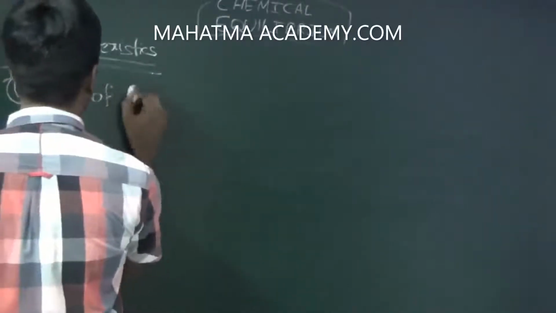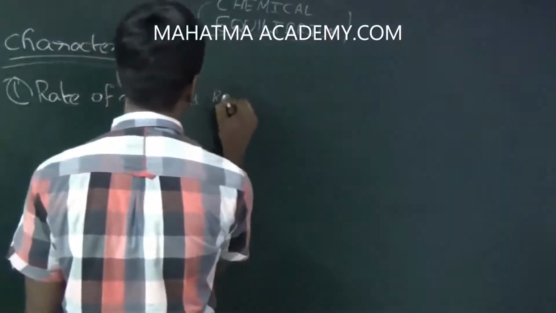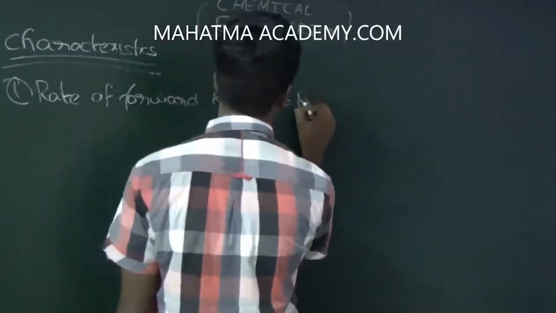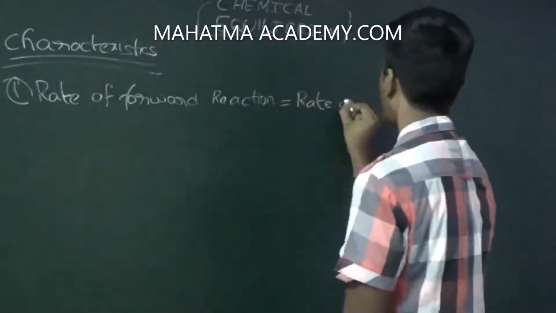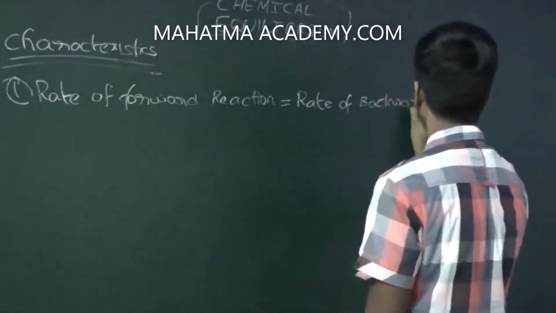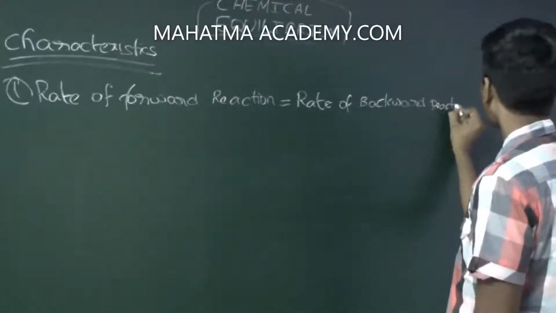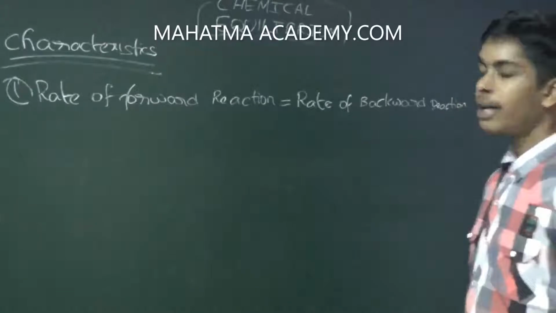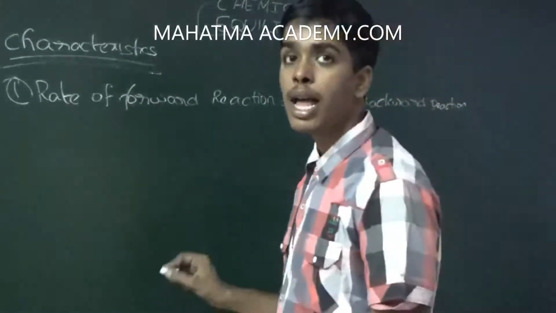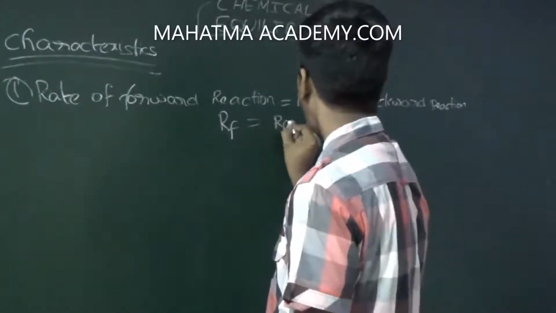The rate of forward reaction will be equal to the rate of backward reaction, and mathematically it is written as RF is equal to RB.